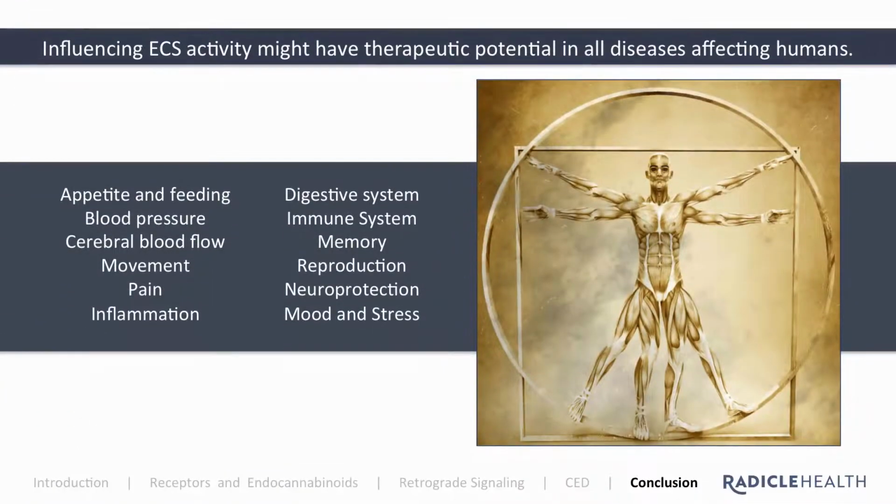The wide distribution of cannabinoid receptors in the body is the reason why the ECS seems to play such an important modulatory role, and influencing ECS activity may have therapeutic potential in almost all diseases affecting humans. In fact, there are very few physiologic systems and conditions of the body in which endocannabinoids do not participate.